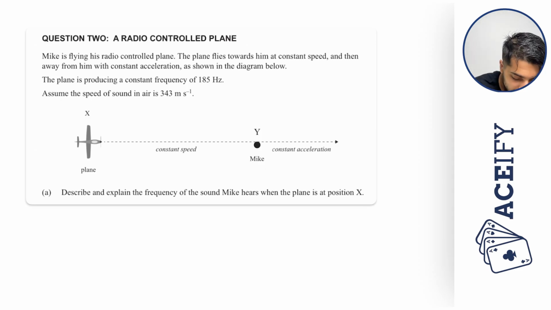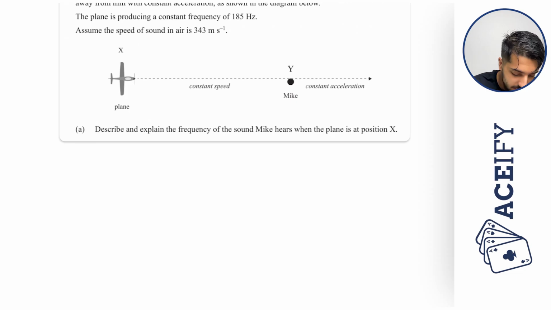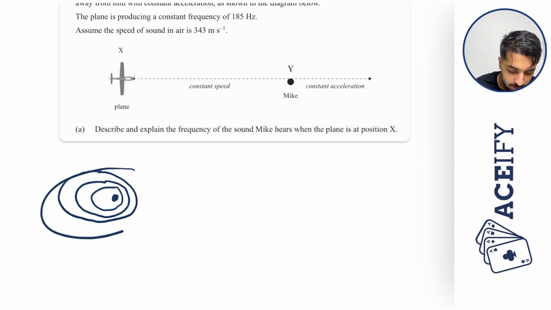Okay, so at position X, which is right here, the plane is moving towards him at a constant speed, and therefore this is our regular Doppler explanation. We have a plane, which we can put as a dot, and as it's moving towards him, it catches up to its previously emitted wavefronts, which gives the wavefronts a shape as so.